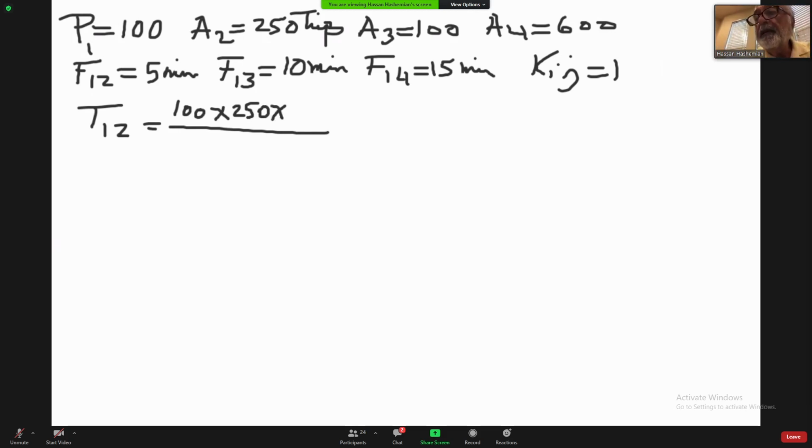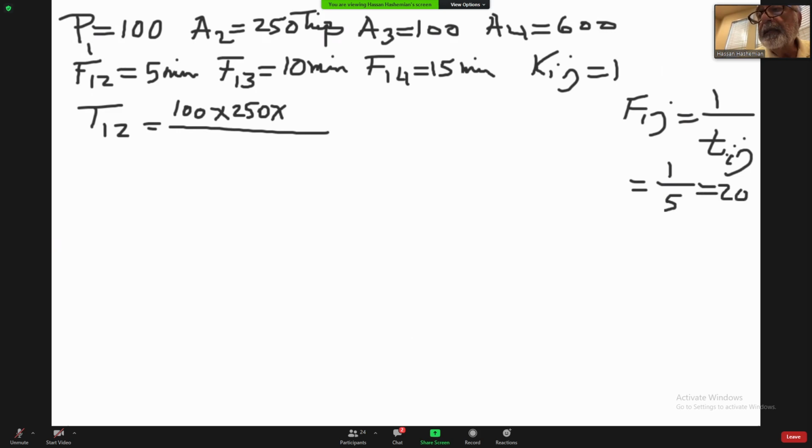Now Fij, as I say, is 1 over Tij to the power of n, assuming n equal to 1. So Fij will be 1 over 5 minutes. So it's 20, correct? And then you multiply that by 100. Okay? So that's how you get it. So your Fij is 20.